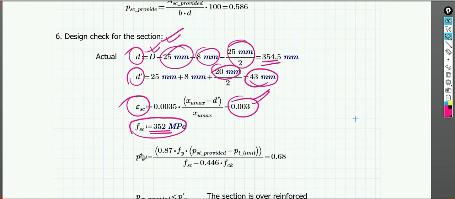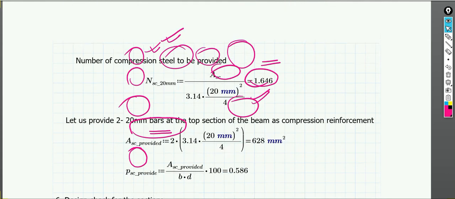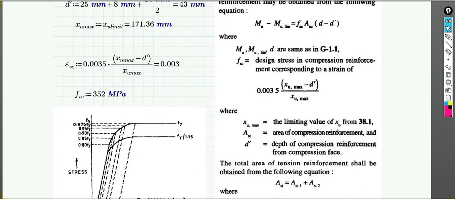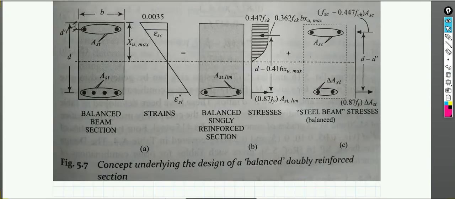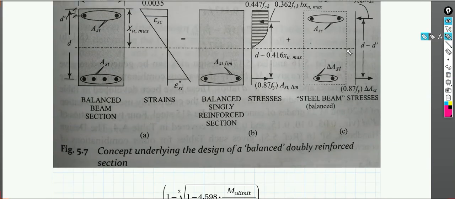Then we have to find out what is PC dash. Actually, this equation has been derived from the drawing of the stress block that we discussed in the previous class, the stress block of the beam with compression steel as well as tension steel.